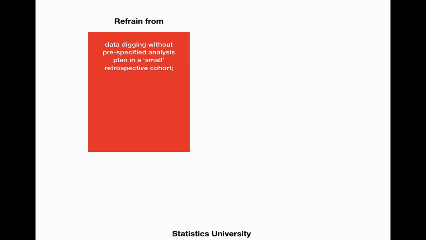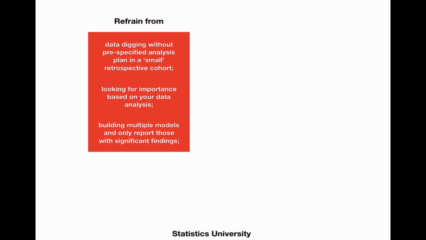Unfortunately, this is very, very common. You should also refrain from looking for importance based on the data analysis itself, and refrain from building multiple models and only reporting those with significant findings. Why? Well, you might score a nice publication, but you will not impact or improve clinical practice.